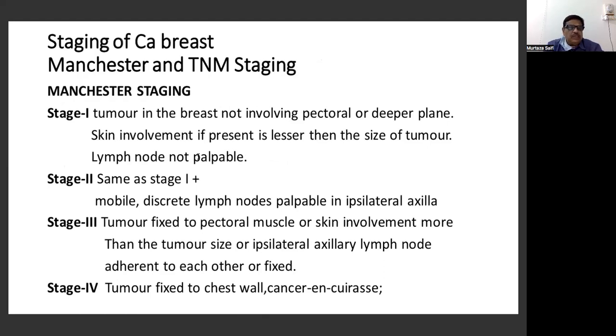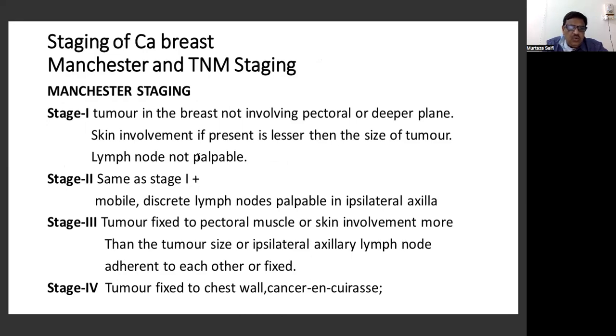Now come to the staging of carcinoma breast: Manchester and TNM staging. Manchester staging, stage 1: tumor in the breast not involving pectoral or deeper plane. Skin involvement, if present, is less than the size of the tumor. Lymph nodes are not palpable in stage 1.